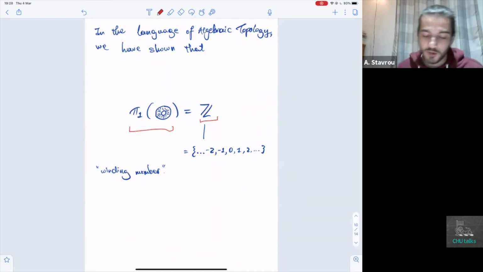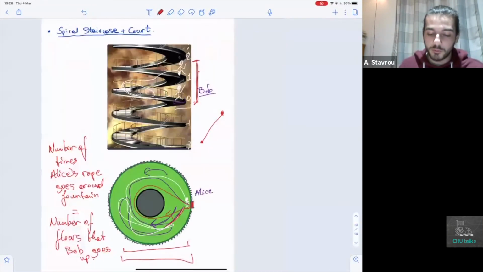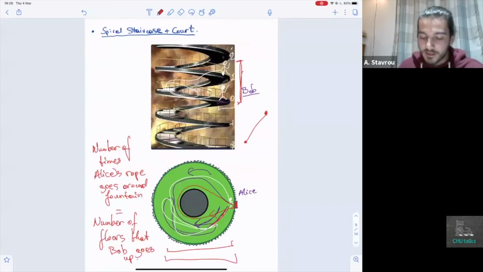I will not speak more about this, but in practical terms, both the proof and the content of what we've done is precisely this game between Alice and Bob with the court and the staircase.